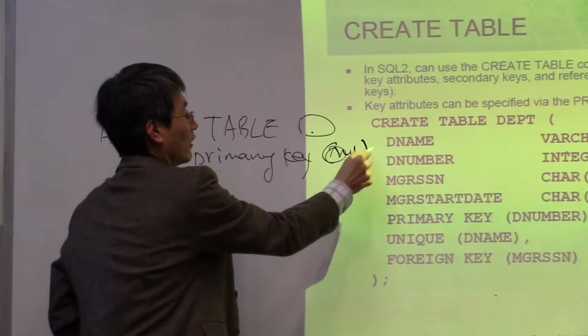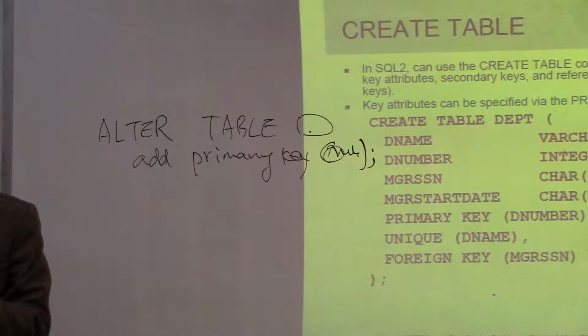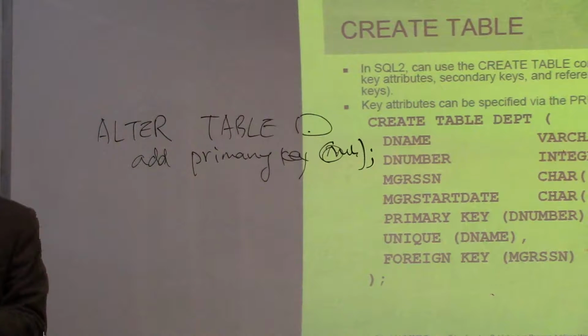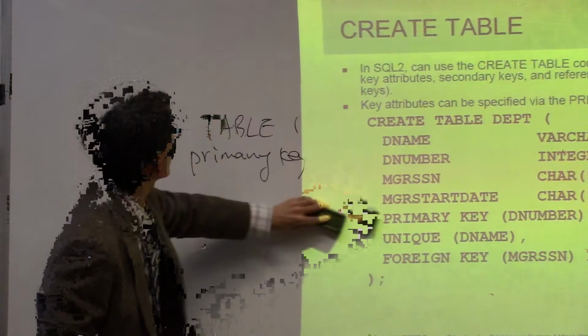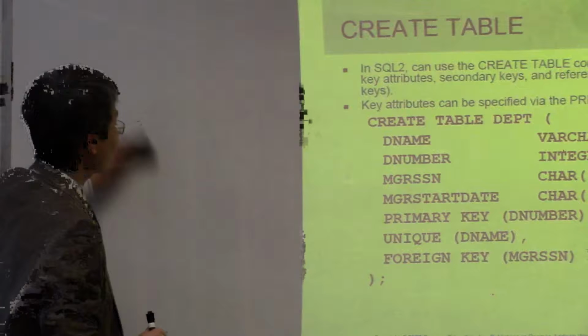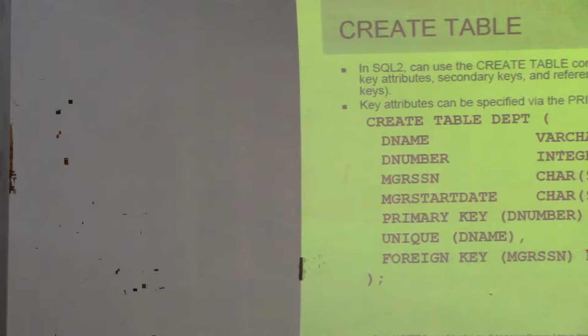Very simple. The details of the syntax you can find from the manual. Okay? So there are two different ways. And similarly, unique. Which column can be unique? Which column?